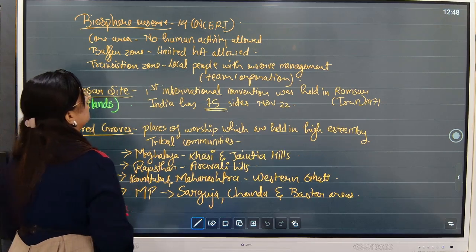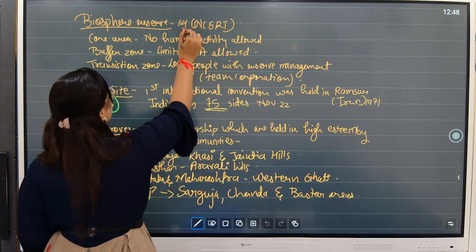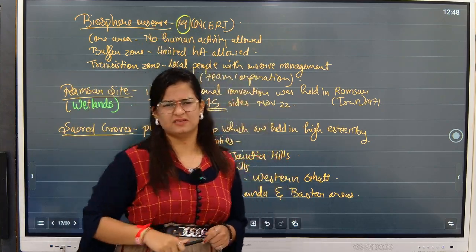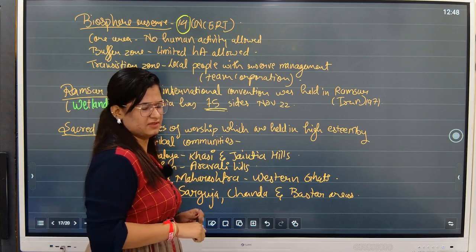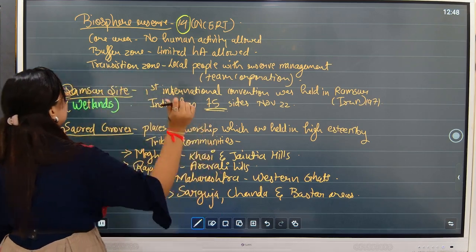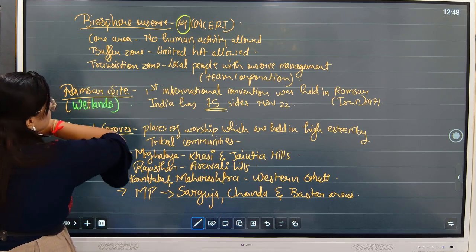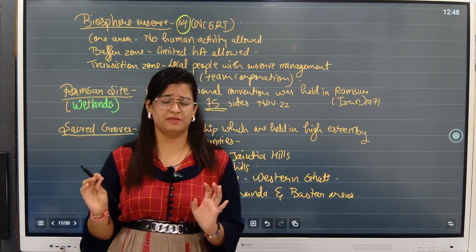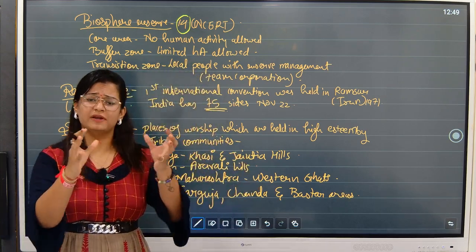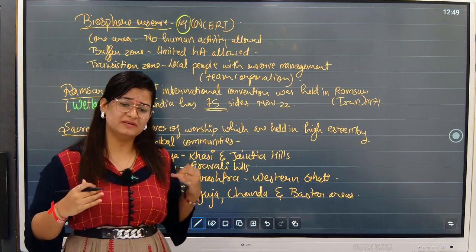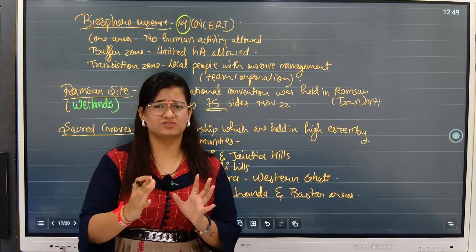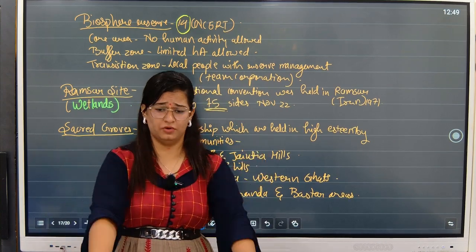Next, let's talk about biosphere reserves. In NCERT, the number of biosphere reserves given is 14, and in the previous class we learned something like 18. So we'll go with the NCERT. Here the areas are divided into zones. In a biosphere reserve, there is a particular area and not everyone can go directly inside. There are certain zones up to which we can go, but deep down you cannot go.